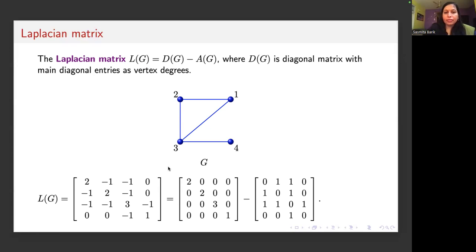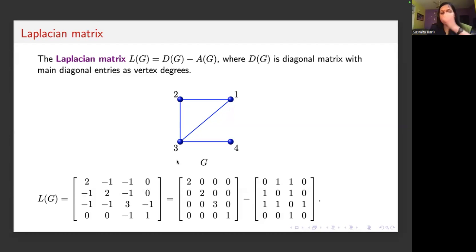Okay. So in AG, you observe that AG is a symmetric matrix when the graph is simple, and it's a non-negative matrix. So the Perron-Frobenius theorem and other things can be used. Here, the Laplacian matrix is not a non-negative matrix. It contains negative entries, 0, and some other integers, which are the degrees. But it is a symmetric matrix, that can be observed.